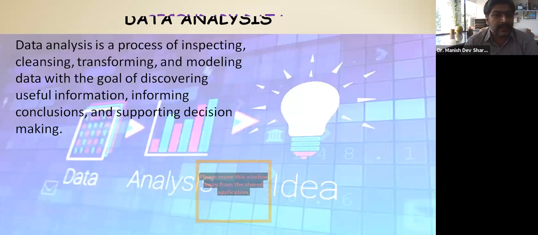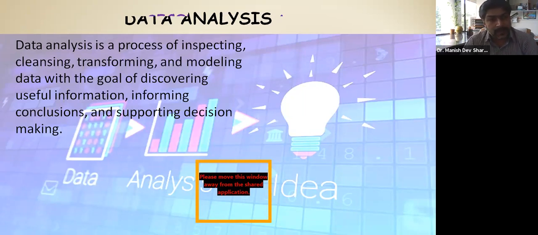So data analysis, what is data analysis? Data analysis is a process of inspecting, cleansing, transforming and modeling data with the goal of discovering useful information, conclusions and supporting decision making. So data analysis is basically the process of inspecting the original form of data.